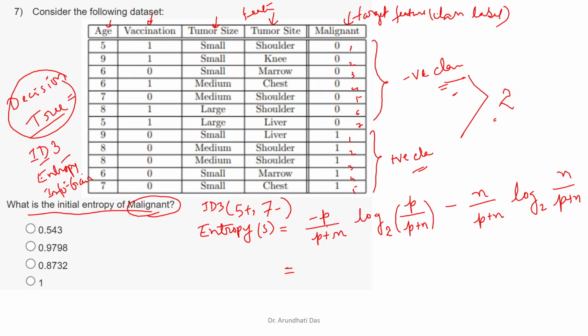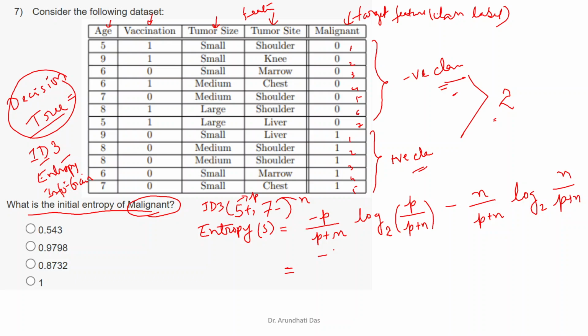Now we will see here P will be positive, right? The count of P is 5, and the count of N will be 7. That's why I have written 5 positive and 7 negative, just to check how many P values and how many N values there are.